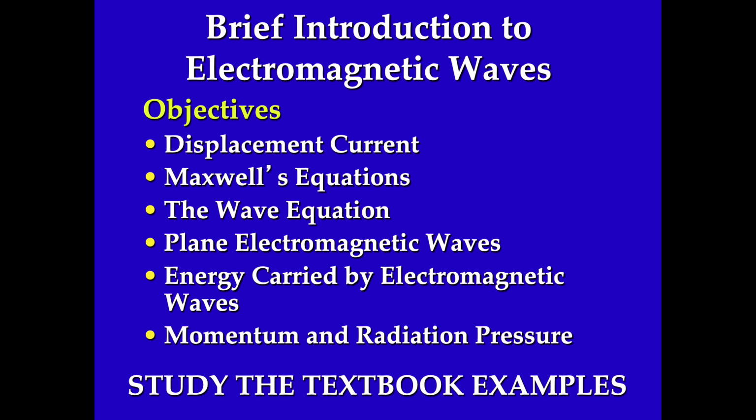And most likely in my discussion here, I'm not going to talk about momentum and radiation pressure. I think I'm going to get to the point where I just describe the Poynting vector, and then I'm going to stop. And in a lot of the material in this chapter, there's a lot of hand waving because the math is beyond the scope of this class.